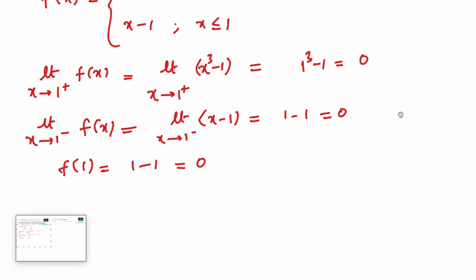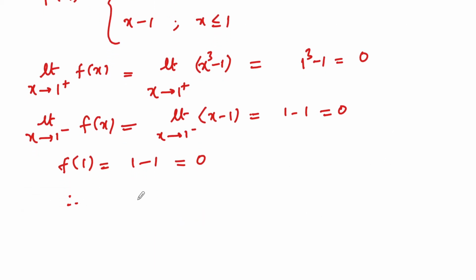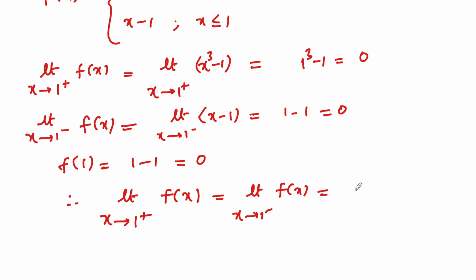Therefore, the limit as x tends to 1 plus of f of x is equal to the limit as x tends to 1 minus of f of x, which equals the functional value f of 1, and hence f is continuous at x is equal to 1.